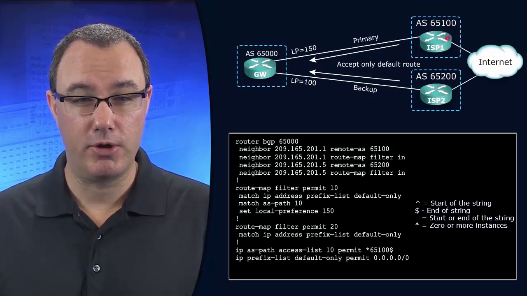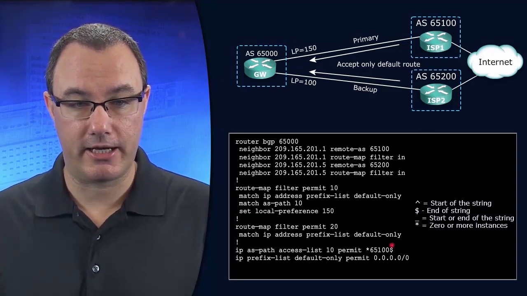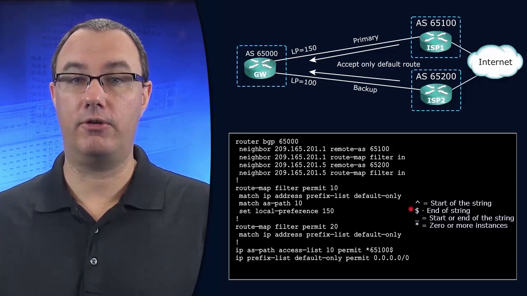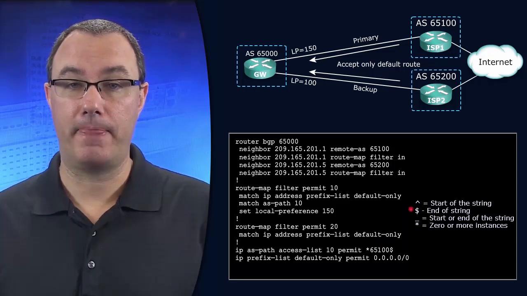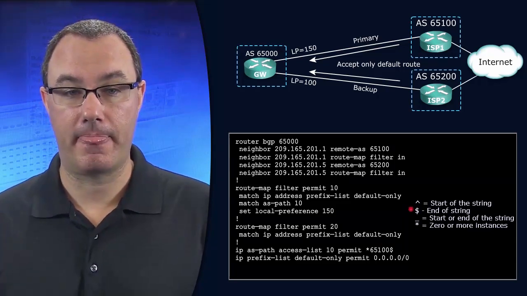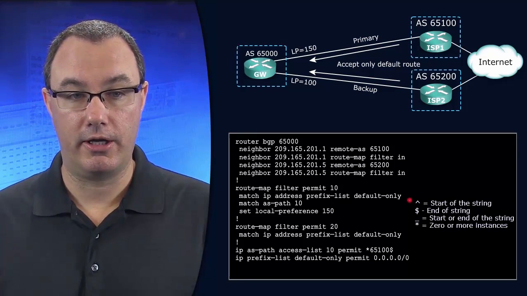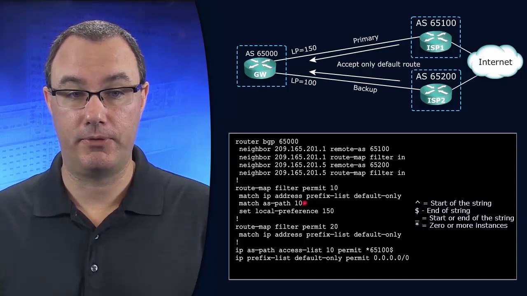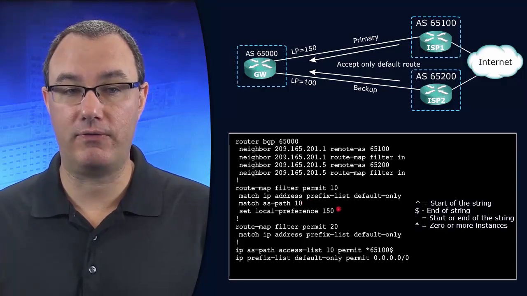How do we do that? We make sure that the end of the string has 65100, and the initiating autonomous system is at the very end of the string. So if it is the default route coming from that autonomous system, we'll give it a local preference of 150.